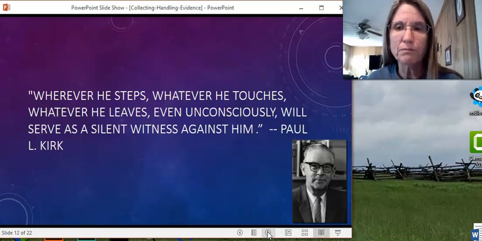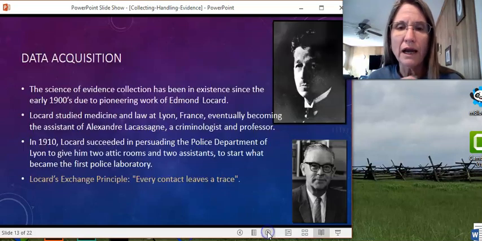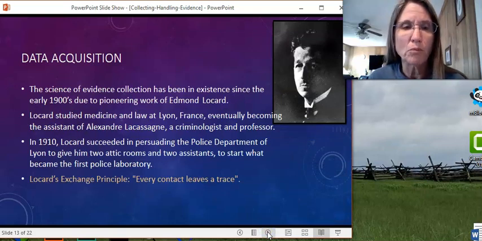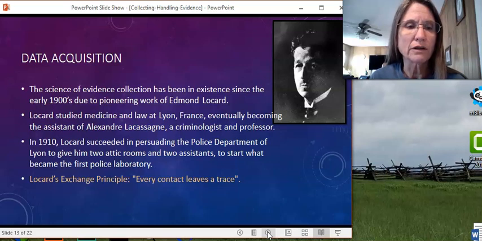But it encapsulates in many ways a principle that was developed close to 100 years ago by a pioneer in evidence collection, Edmond Locard.